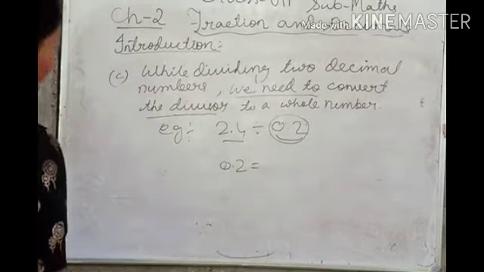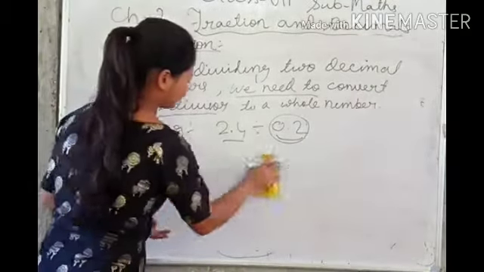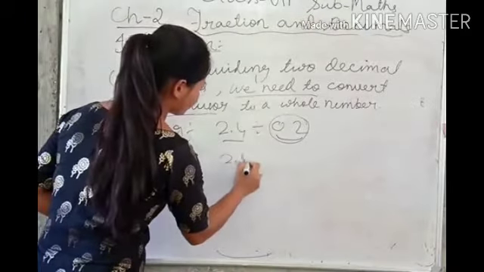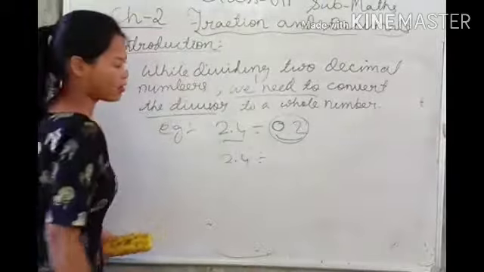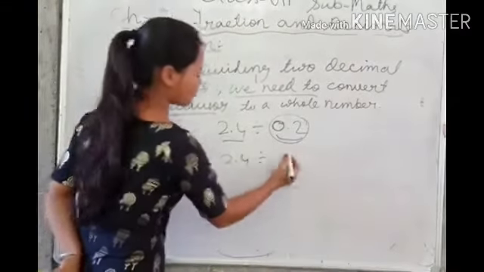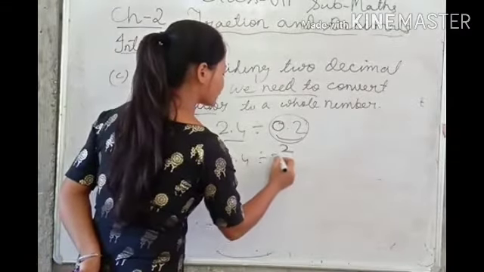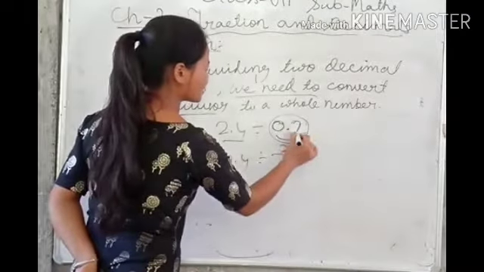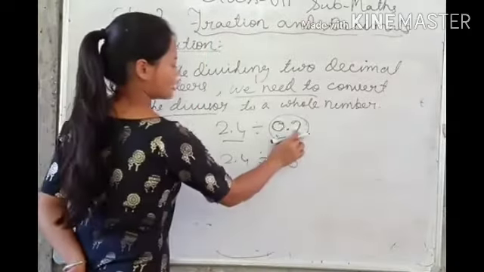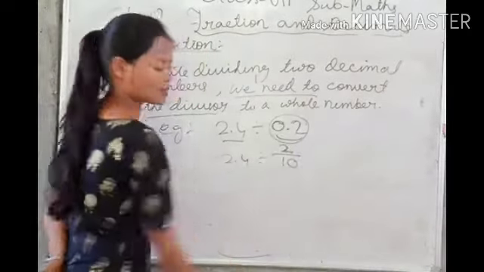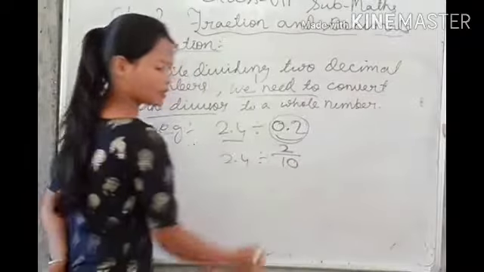So what do we need to do? Now you have to convert this as a whole number. How will you convert, by removing the decimal. To remove a decimal, what do we do? We will divide with 1. After the decimal, how many digits are there? 1 digit. So you will divide with 10. So according to the digits after the decimal point, 1 digit, so you will divide with 10.